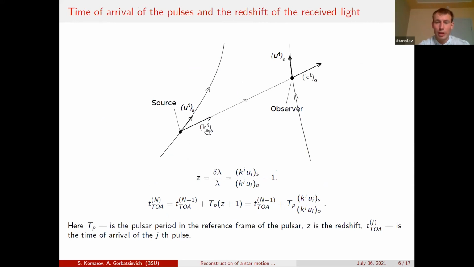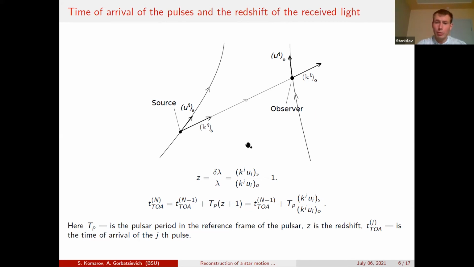In this boundary value problem, our isotropic geodesic must intersect both the time-like geodesic of the source and the time-like geodesic of the observer. In other words, this is a solution of the geodesic equation, an isotropic solution that must intersect these two points.